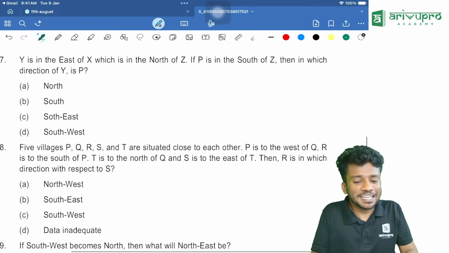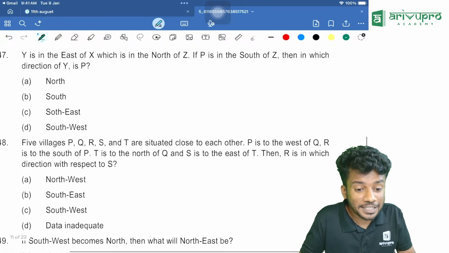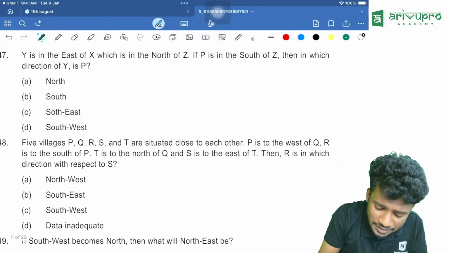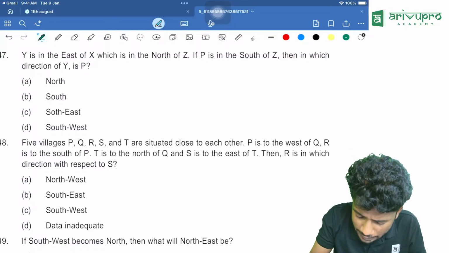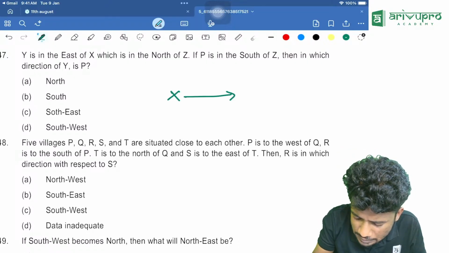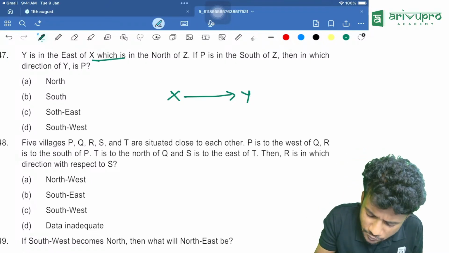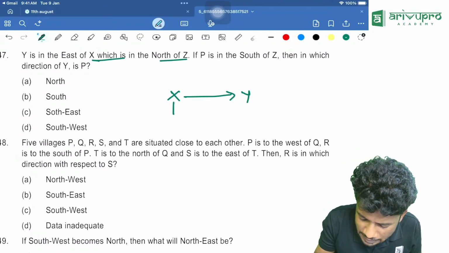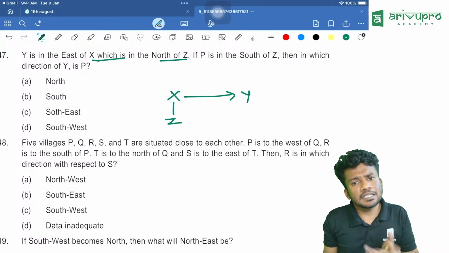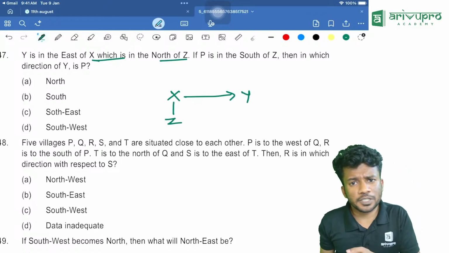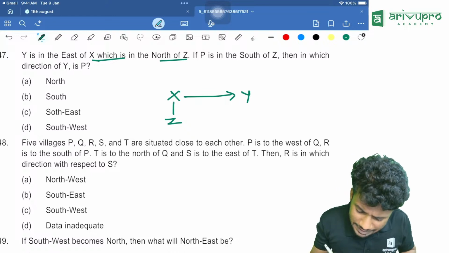Right answer, people? Yeah, good. Now the next one. Y is east of X. Is this correct? Y is east of X. X is in the north of Z. Correct? Yes. With respect to Z, X is in the north. Then what is given?